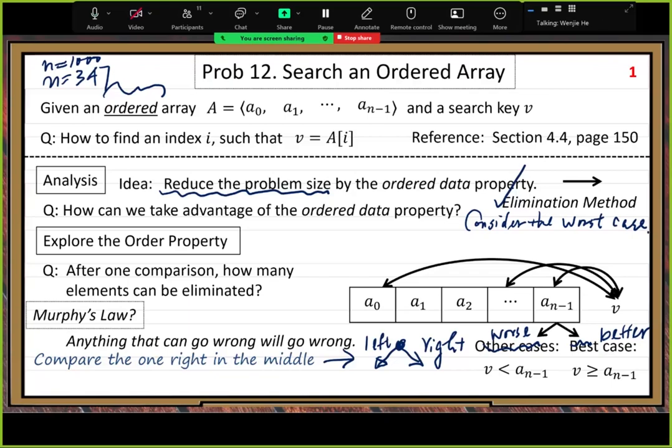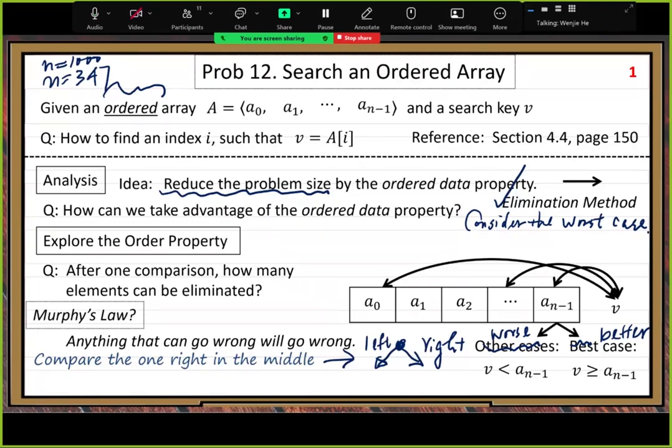If you go to the left branch or the right branch, you can eliminate approximately 1/2 of the total elements. The two subcases would give you the same number of elements to be eliminated, right? Yeah, that understanding.